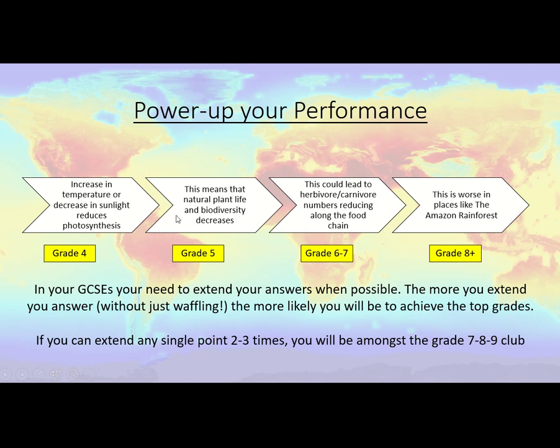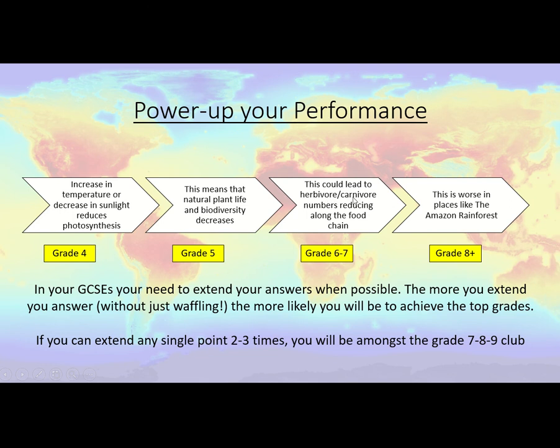Grade 6 to 7 is if you can do that even further. So actually, if we've got an increase in temperature and less biodiversity, less species diversity, that could mean that other species further down the food chain are affected. So if, I don't know, there are fewer plants or a different type of plant not growing anymore, it might mean that herbivores don't have their food source, so they might die out, they might reduce their numbers.